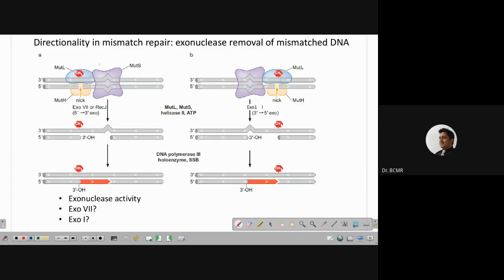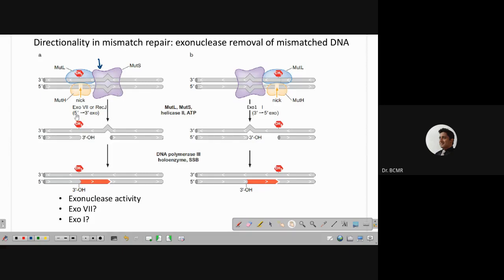If this is MutS, and you have MutL, one second. Yes, MutL is recognizing the methylated DNA, and that is bringing in along with it MutH, and then a nick is being made. How is the DNA from here to here cut? That's the question.